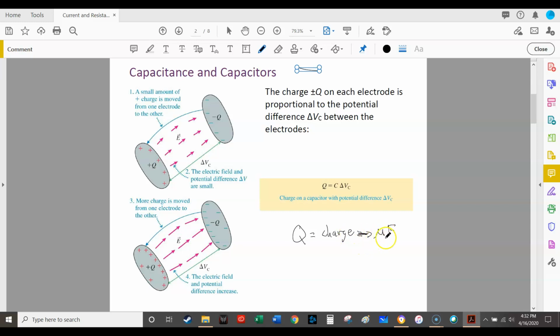Normally, the unit of charge that you deal with is just a coulomb, right? But in our worksheets, we're going to be dealing in microcoulombs.